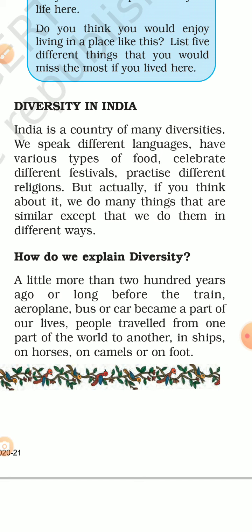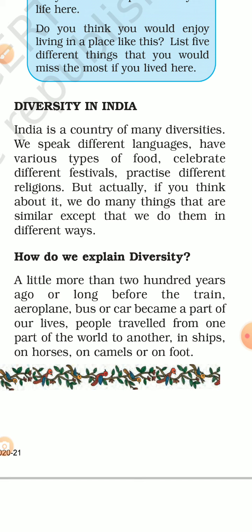Often they went in search of new lands or new places to settle in or for people to trade with. And because it took them so long to travel, once they got to a place suitable for them, they stayed there for a long time.